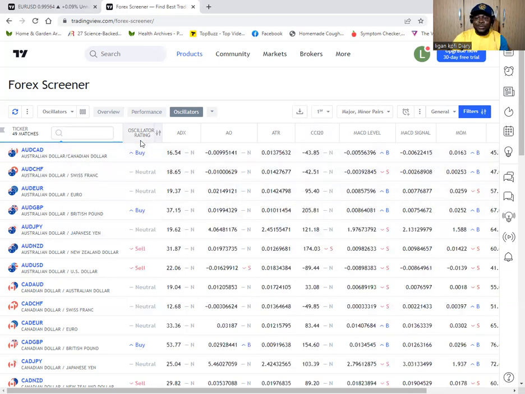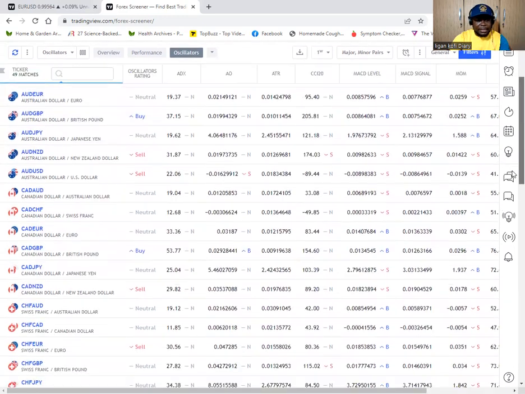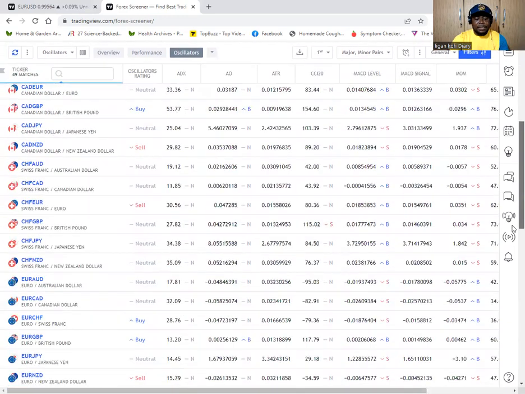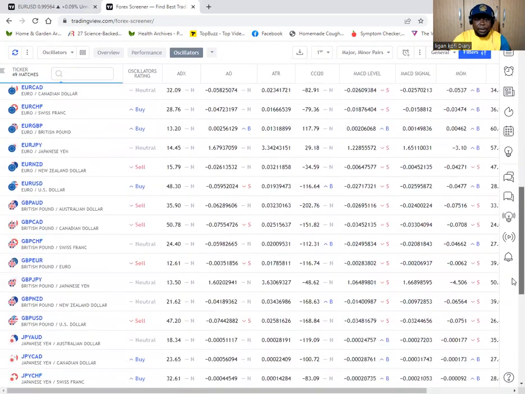So it really matters what time frame you want to use in terms of screening the market with these oscillators. If you go through, you see all the currencies and their results, depending on the time frame you want to use.